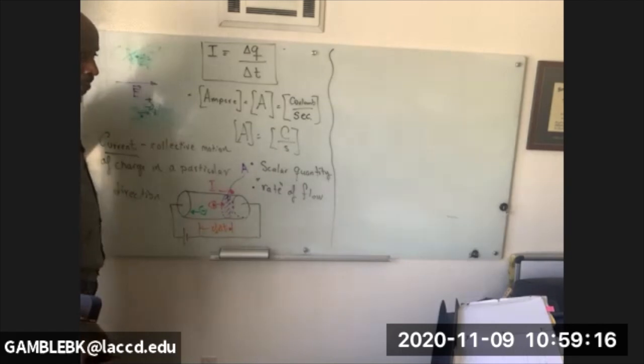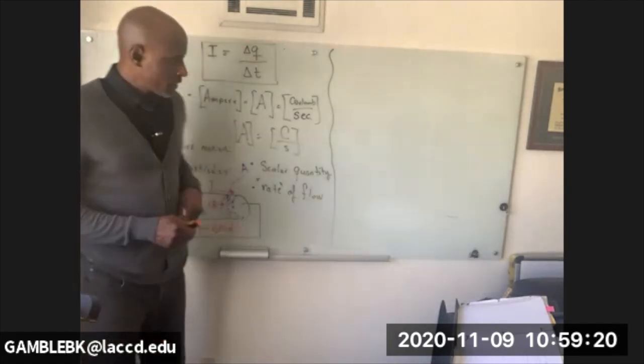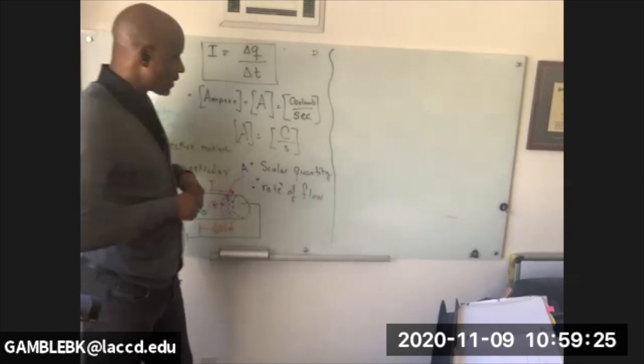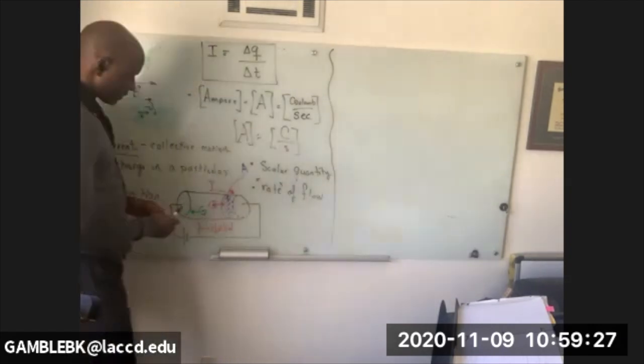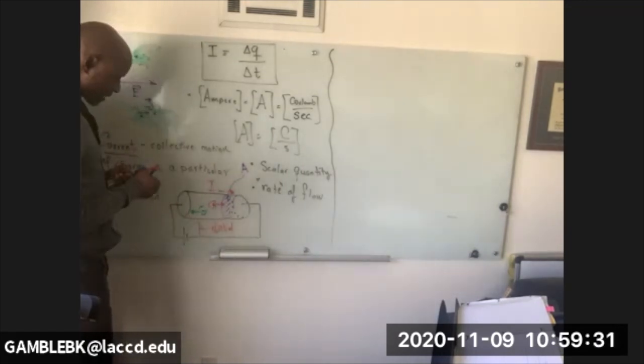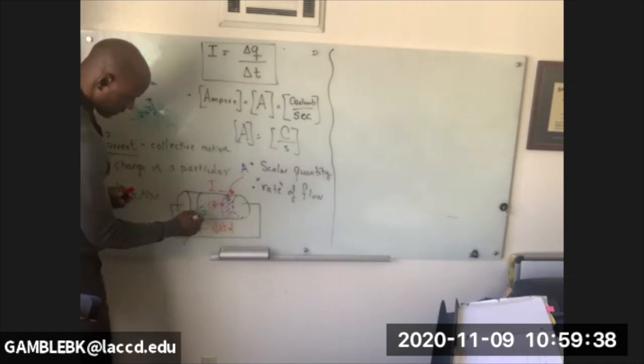Everybody with me? So let me define a few quantities in this quick derivation. If this is the length, I'm looking at a volume that's bounded by cross-sectional area A, something like that.